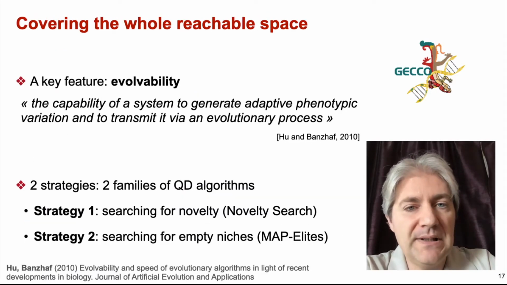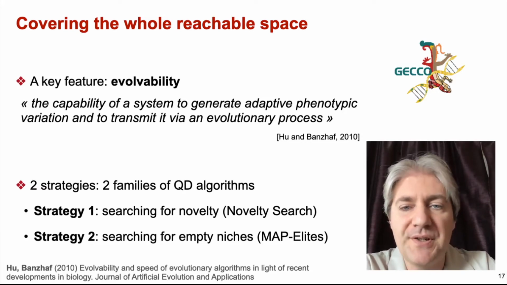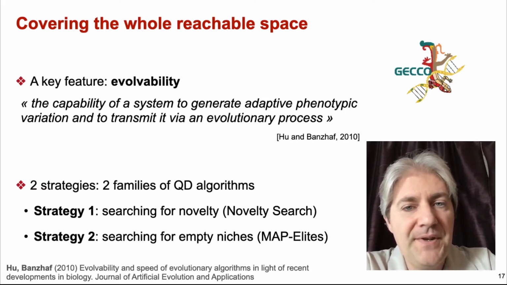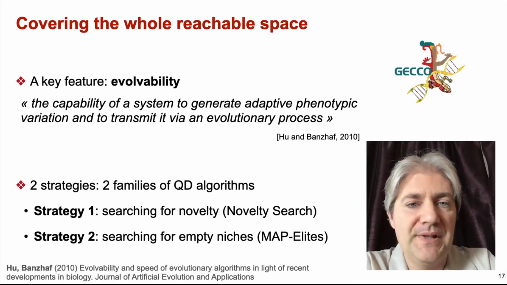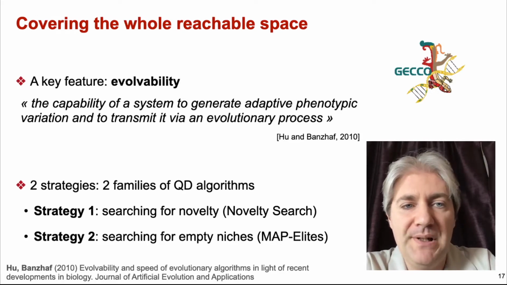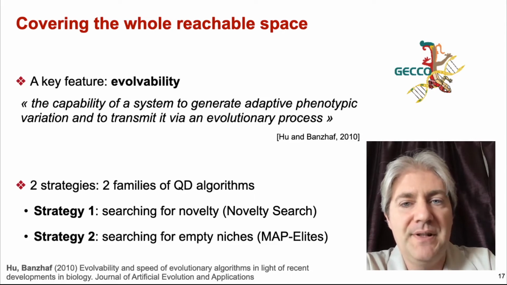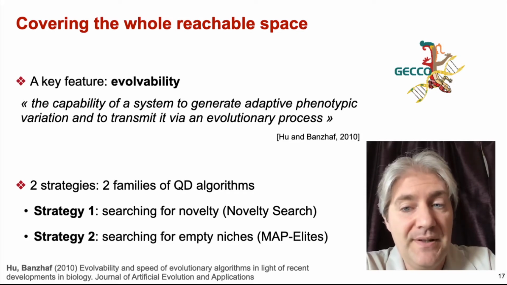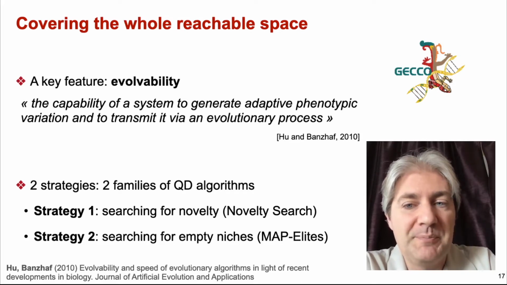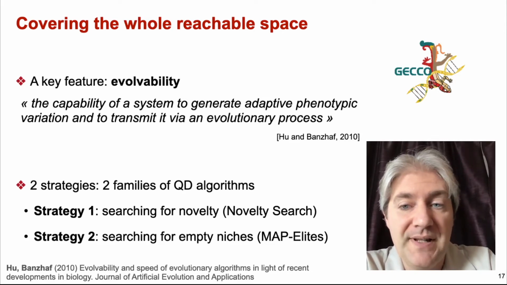Okay, so now how do we reach that goal? A key feature to understand how those algorithms work is the evolvability. So evolvability is the capability of a system to generate adaptive phenotypic variation and to transmit it via an evolutionary process. So here it is very important because we need to explore the space of possible behaviors, and we need to explore it as well as possible.